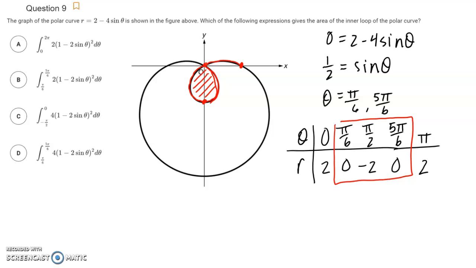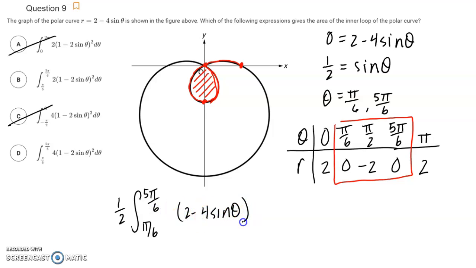So the area of that part there, now so I can eliminate A and C, okay? 2 times, and then 2 minus 4 sine theta quantity squared, okay?